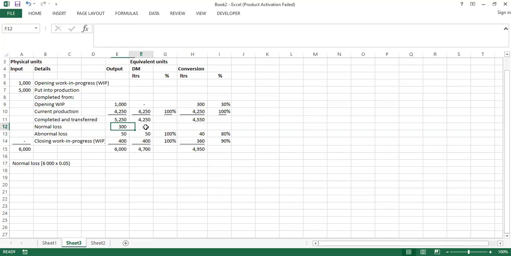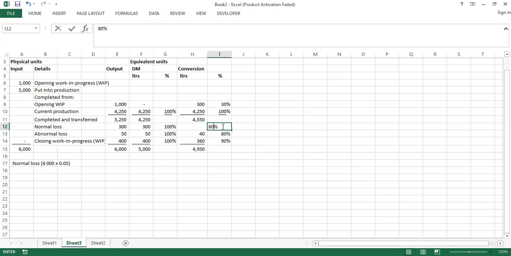In terms of units, this is always going to be the same because this needs to be incorporated here, so it's 300, the same amount. That's what we lost there. In terms of units, that's always 100% because it's material. Material is always 100%, whether you're losing it or gaining it. But the issue now comes in when it comes to the equivalent units there.